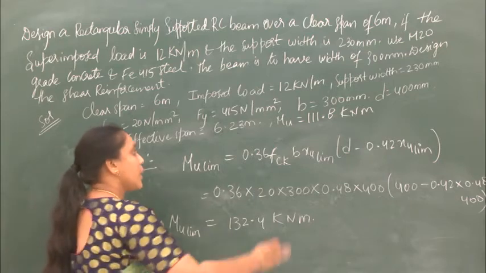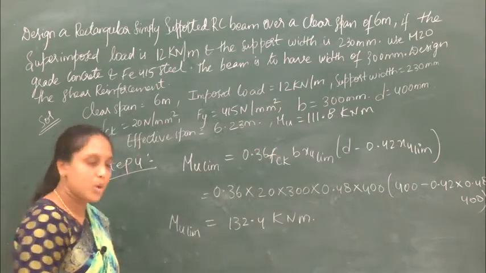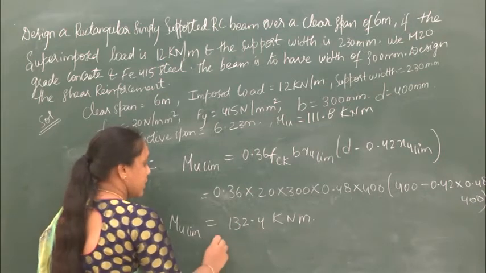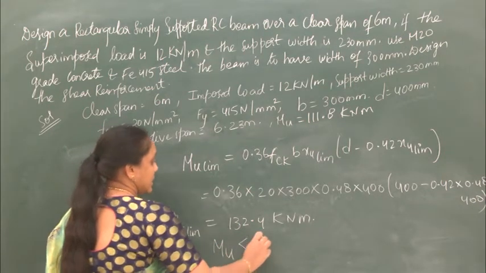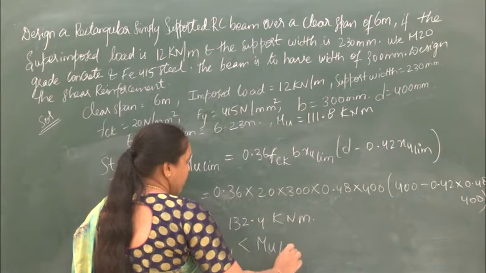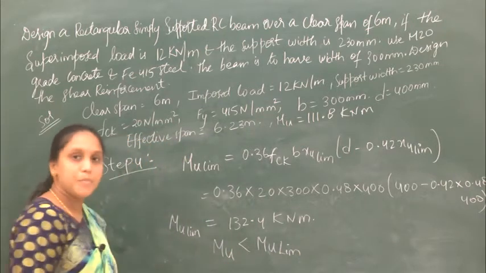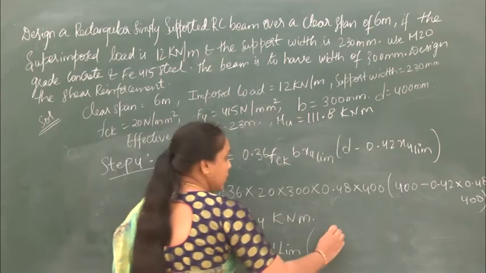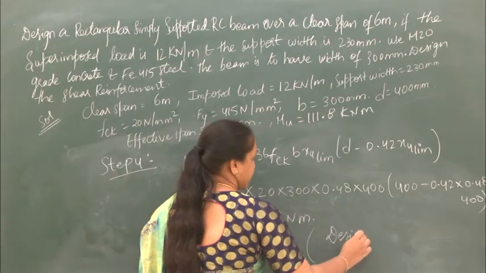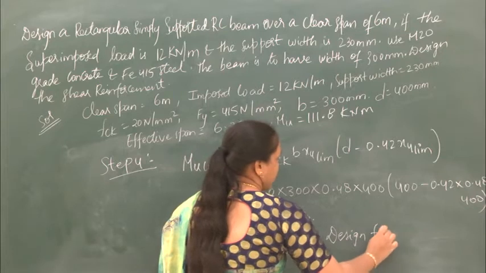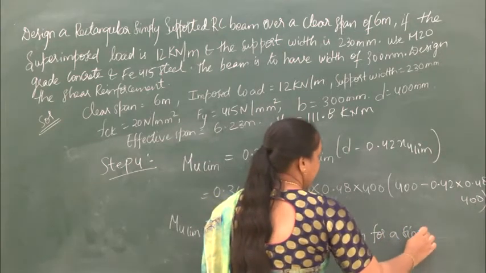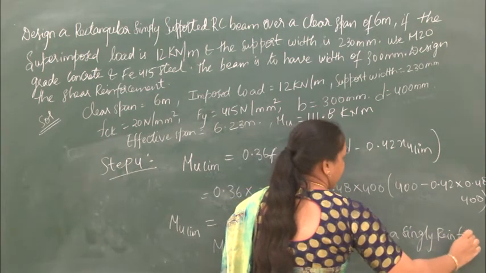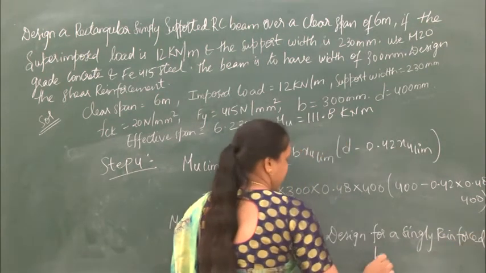Now we have to compare Mu and Mu limit. If you compare them, what you can observe here is that Mu is less than Mu limit. So if Mu is less than the limiting moment of resistance, then you have to design for a singly reinforced beam.